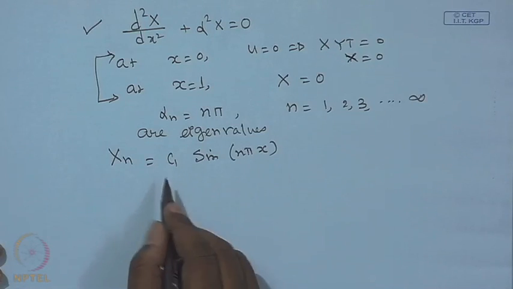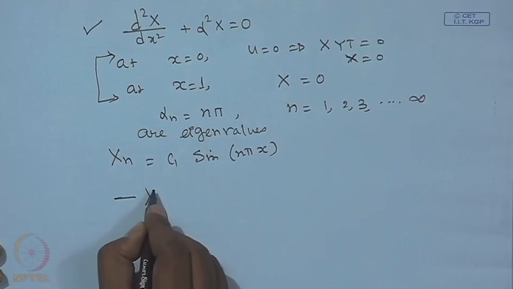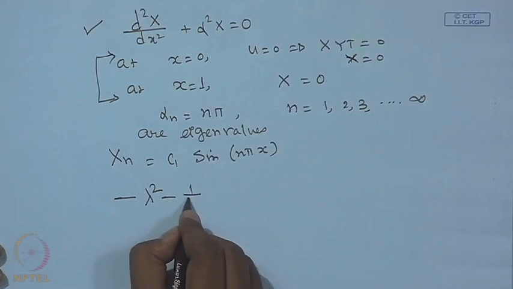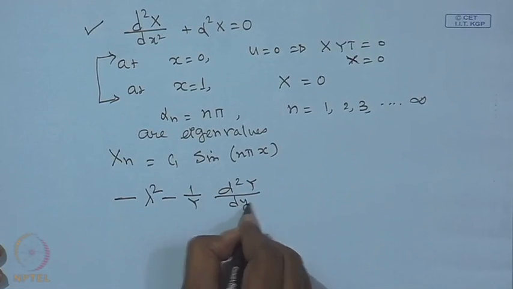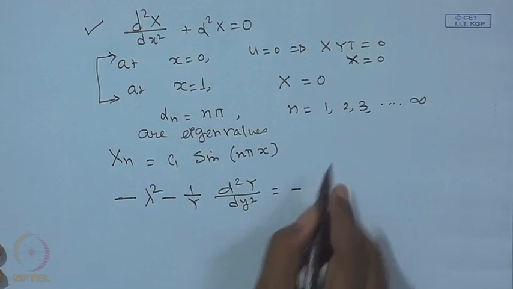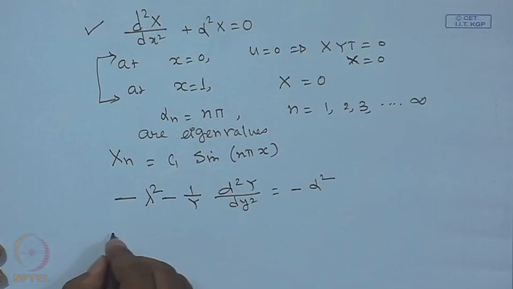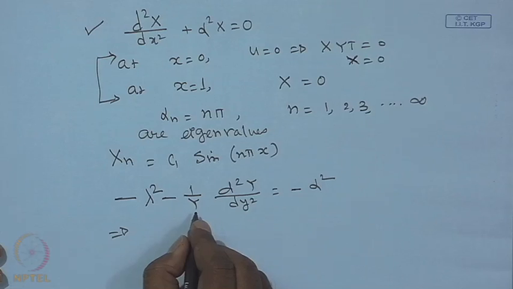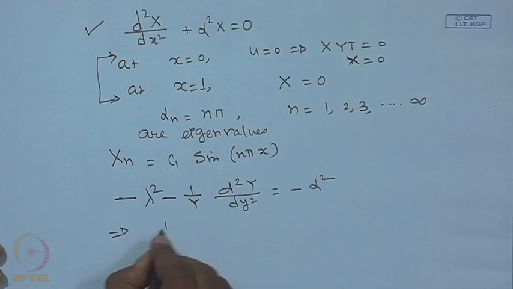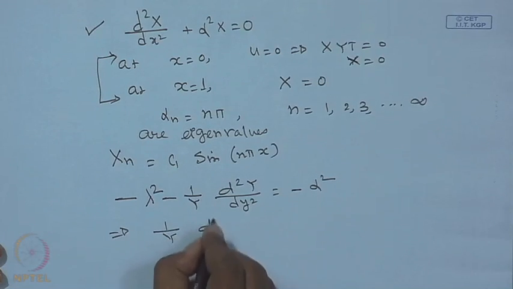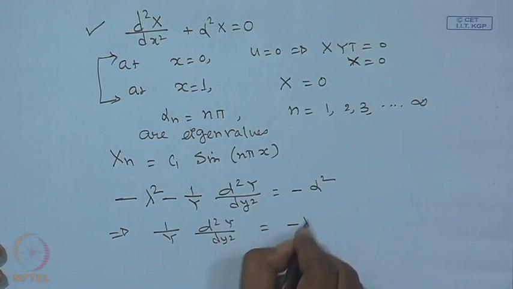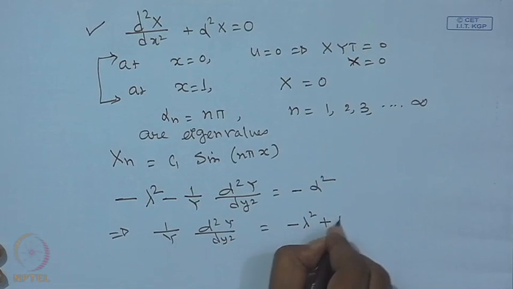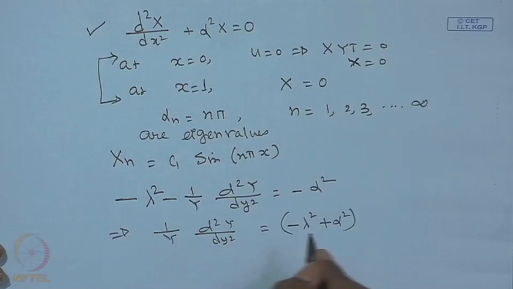If you look into the y varying part, it becomes minus lambda square minus 1 over Y d square Y dy square is equal to minus alpha square. So, we put it on the other side. So, 1 over Y d square Y dy square should be equal to minus lambda square plus alpha square.